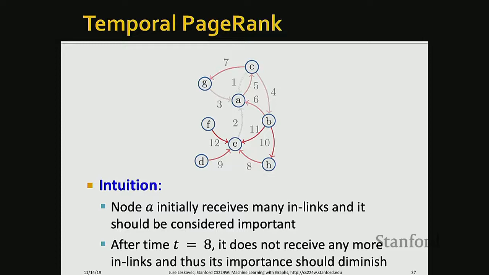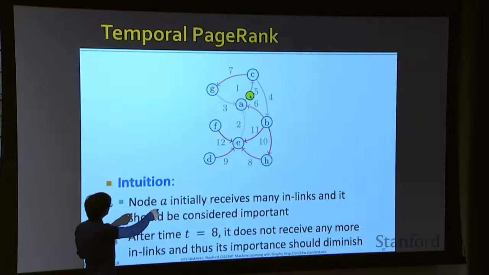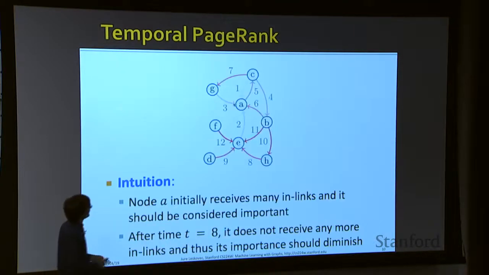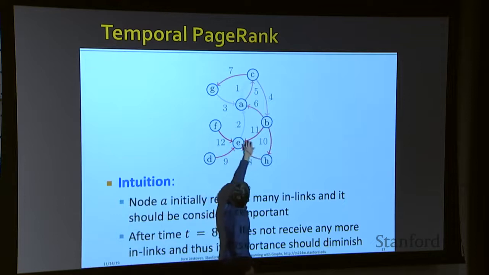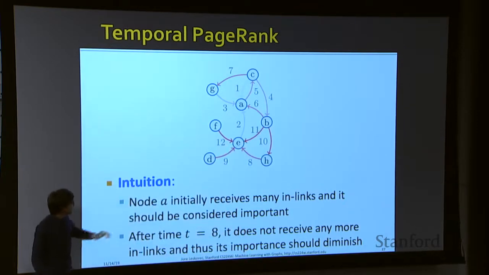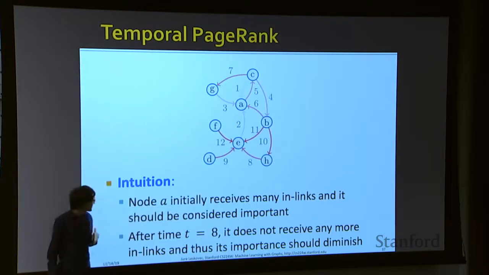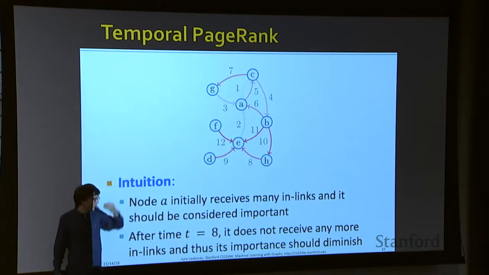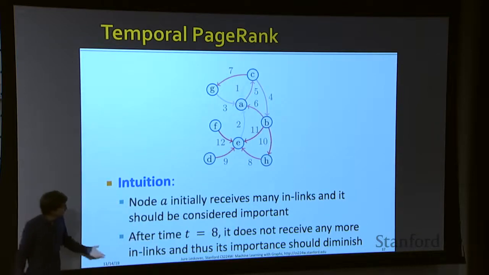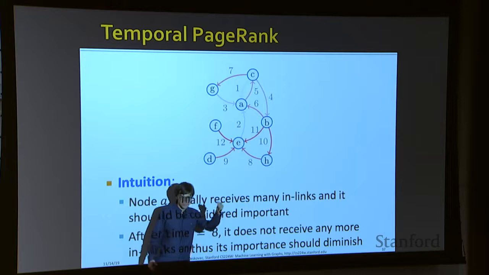For example, if I'm looking at node A here in the center, you can see how early on node A receives a lot of edges. It gets one at time 1 and 2 and 3 and 5 and 6. But then in the second part of time, 10, 11, 12, it doesn't get any edges, right? So the observation would be that A initially receives many inlinks, and thus it should be considered important early on. But after some time, it does not receive any inlinks. So that means its importance should diminish over time.